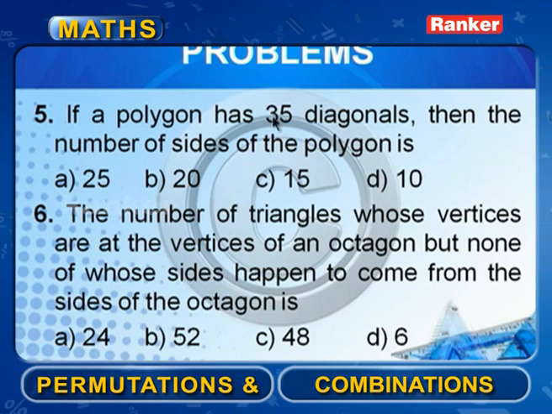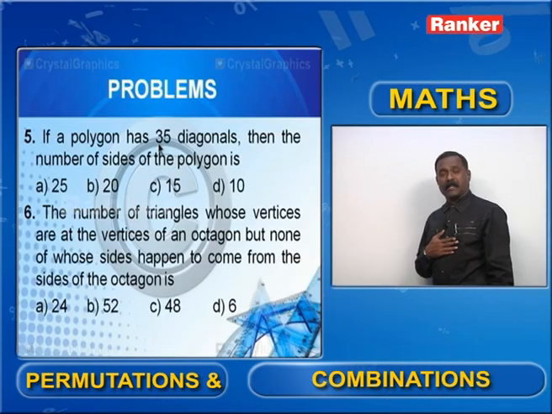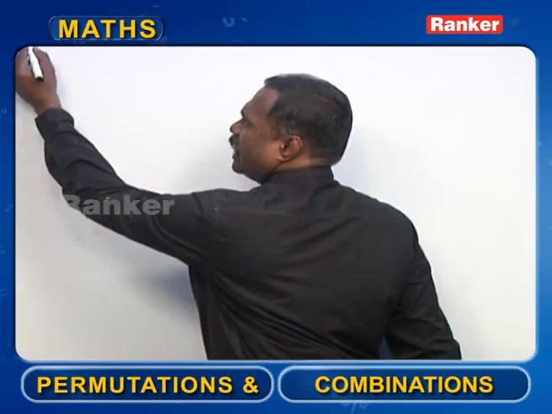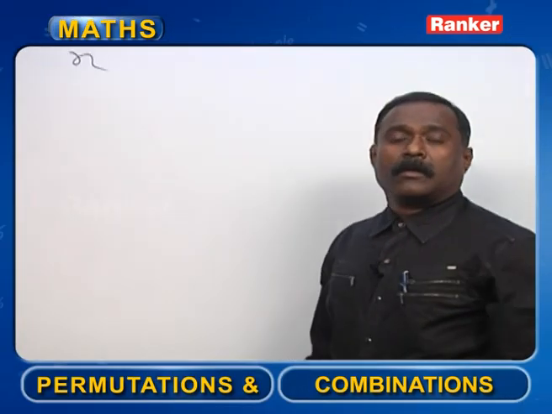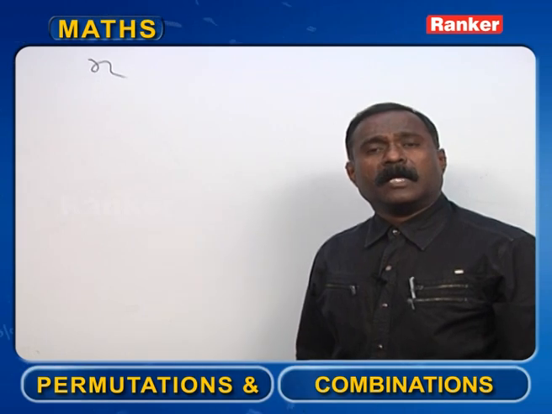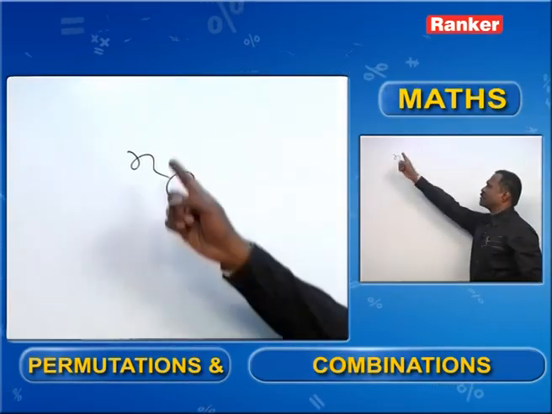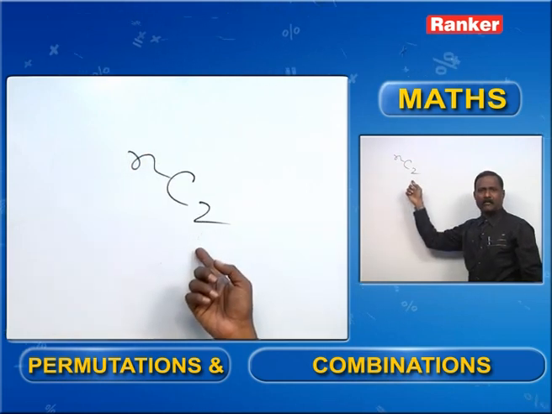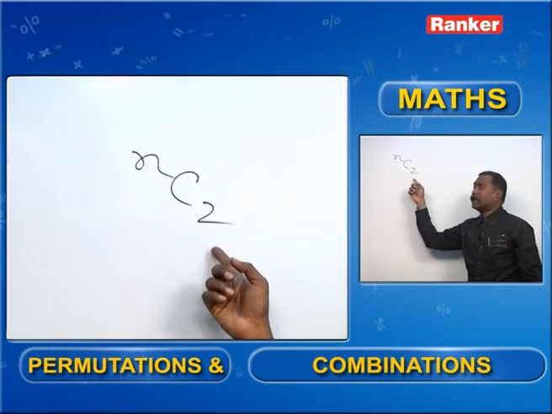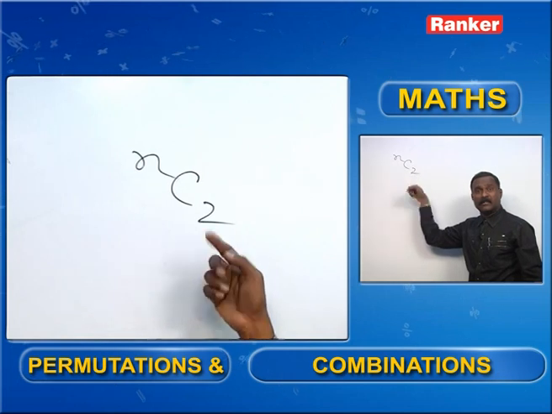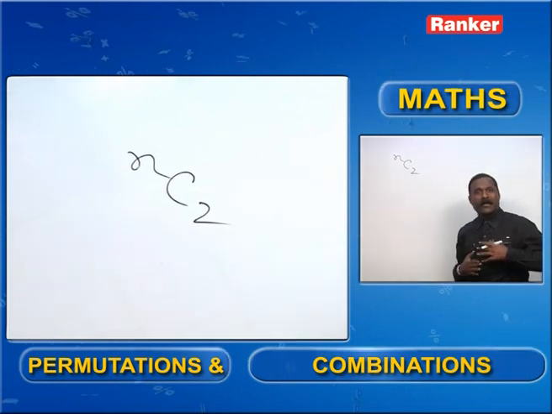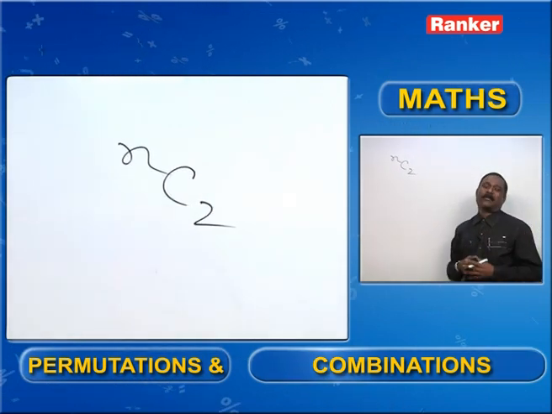Then find the number of sides of the polygon. We don't know the number of sides of the polygon. Let them be n. To find out the number of diagonals, you need 2 points, because n vertices will be there. It is NC2. 2 points are chosen. But in this one, the sides will also be there. Side is not a diagonal.